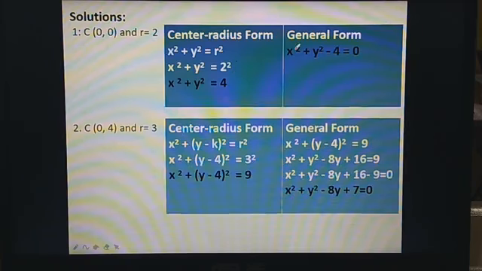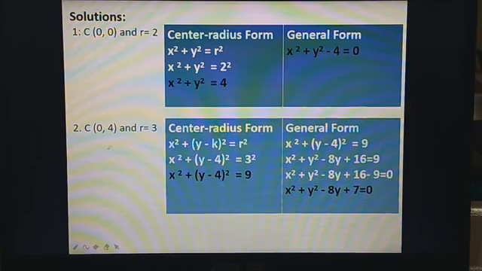So, we are going to rewrite this in general form as x squared plus y squared minus 4 equals 0. So, always the right side is 0. So, this is the center radius form and the general form given number 1.